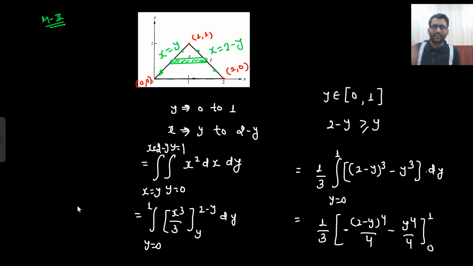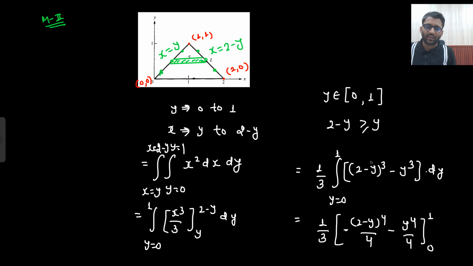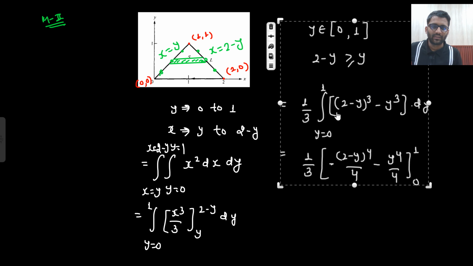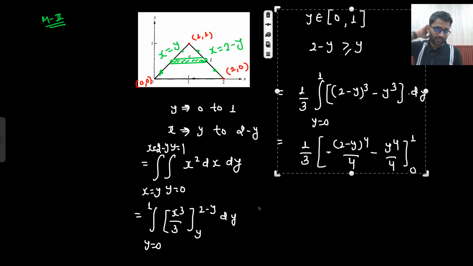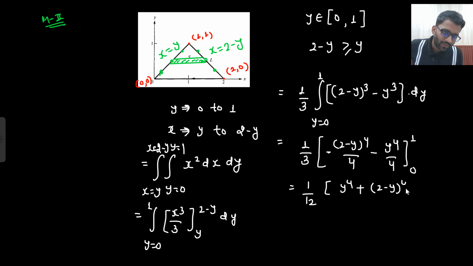Now what I can do is take this negative sign upward and change the limit. So 1 by 12 times y to the power 4 plus (2 minus y) to the power 4, and the limit I have changed from 1 to 0.